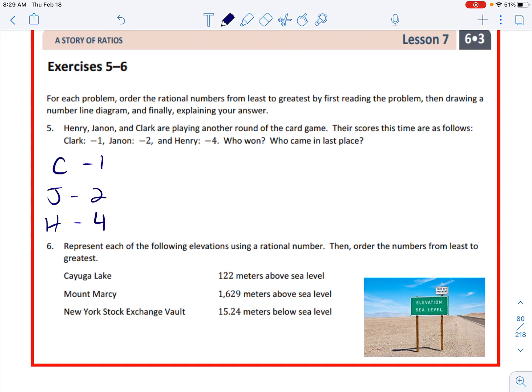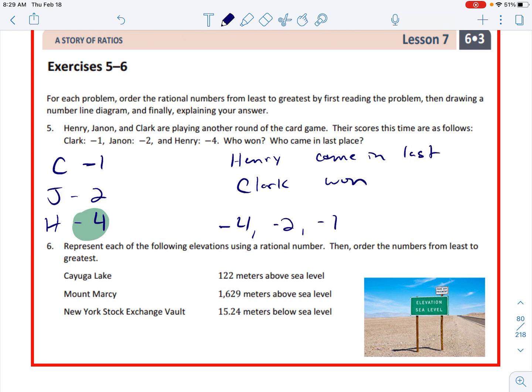Who came in last? Well, the farthest away from 0 is -4, so Henry came in last. The closest to 0 is going to be the winner, and it's -1. Clark won. Okay, and then from least to greatest, it would go -4, -2, -1.